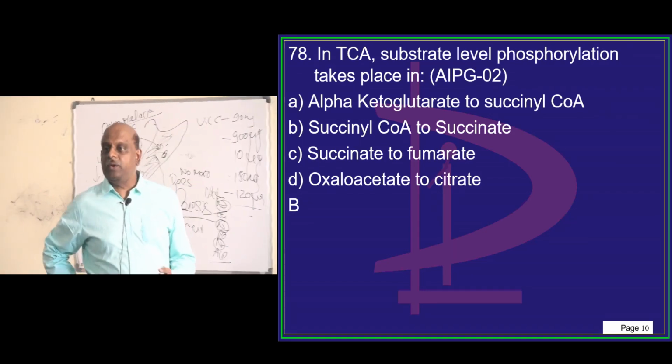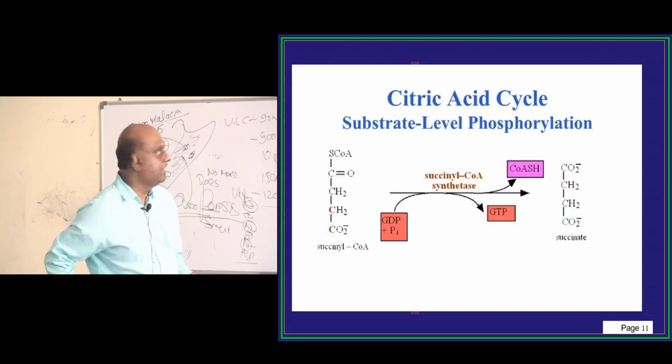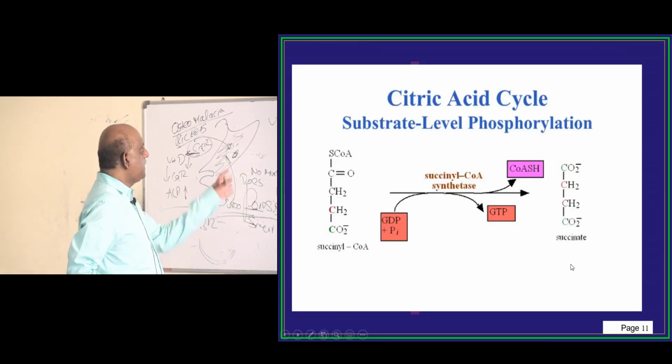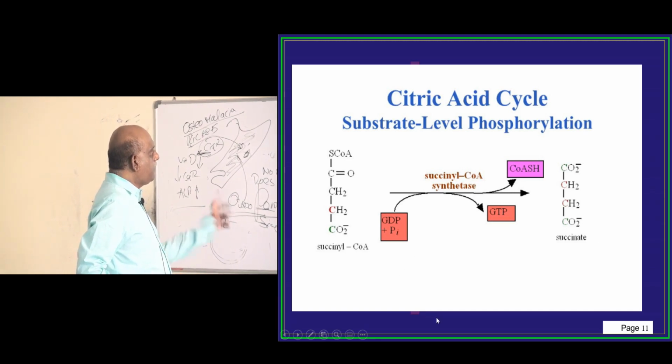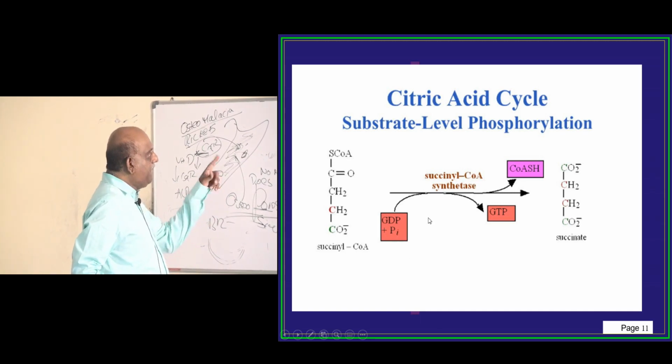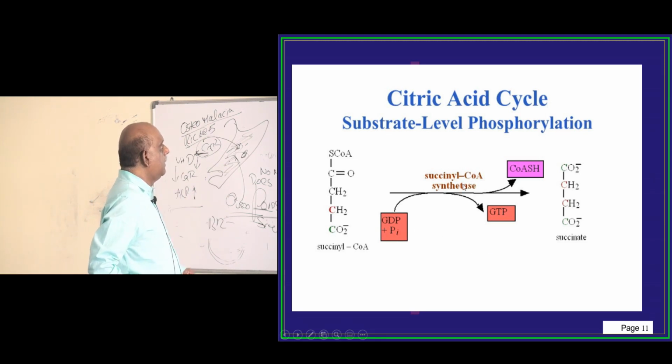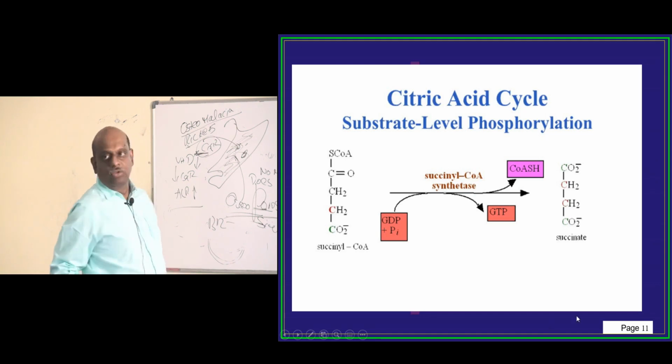When succinyl-CoA becomes succinate, that is the point at which GDP becomes GTP. That is what you have to remember.